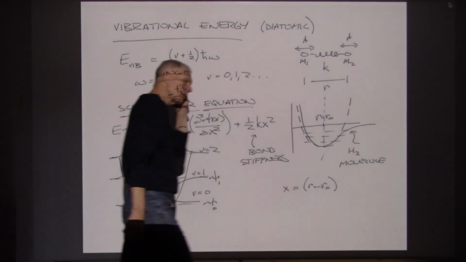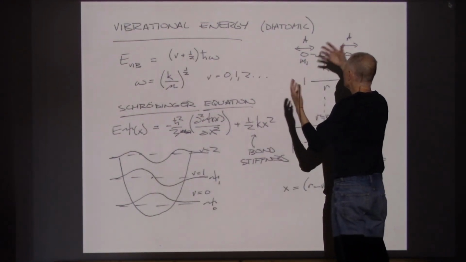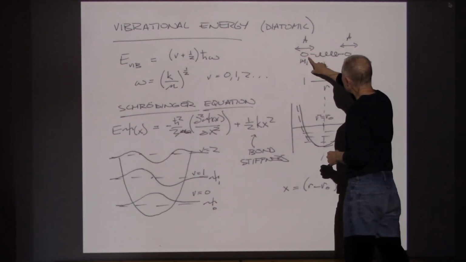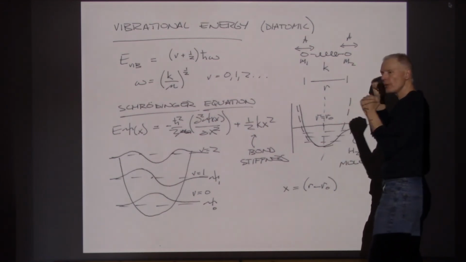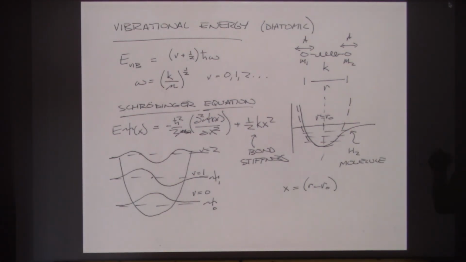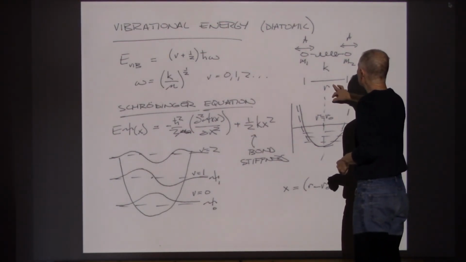Now, if I've got a chemical bond, maybe carbon monoxide, maybe something else, with masses M1 and M2, those are the nuclei. The mass is really concentrated in the two nuclei, so we can think of it as 2 point masses undergoing oscillations. And there's going to be a bond length here also.